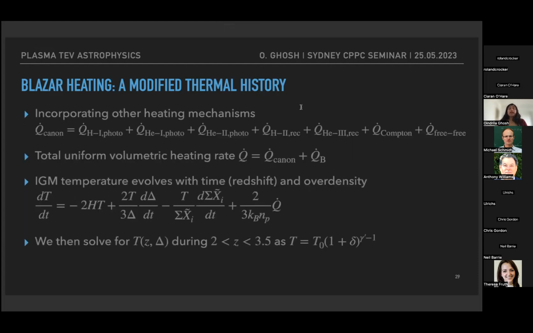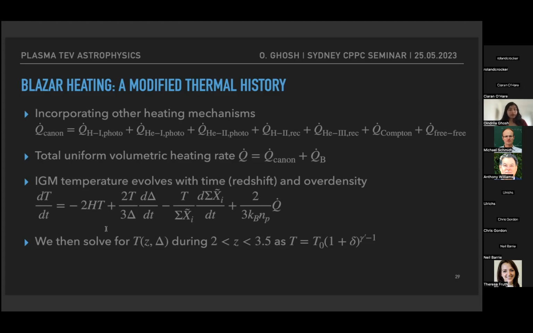Right, so now we want to solve for this evolution of the temperature of the intergalactic medium. So we want to find the temperature density relation and temperature redshift relation.